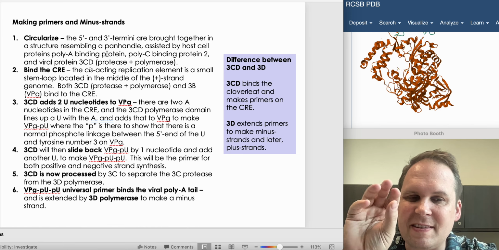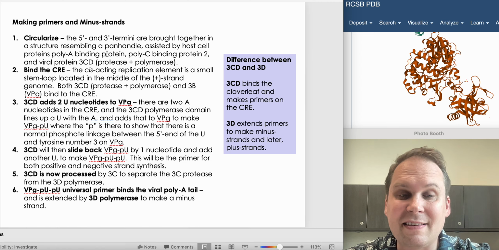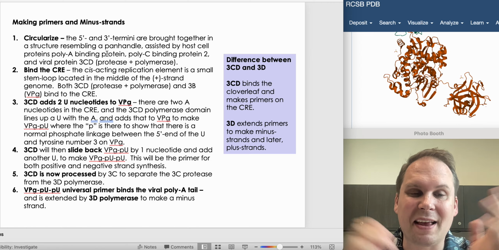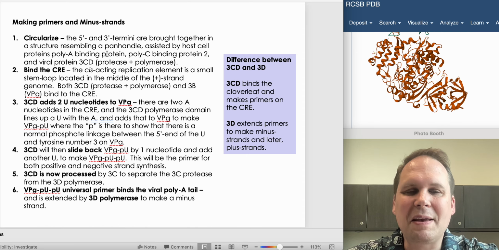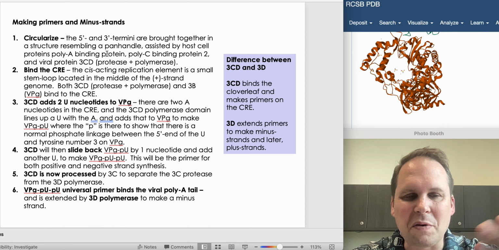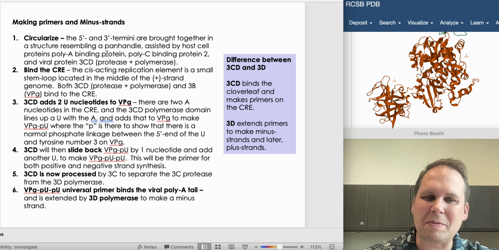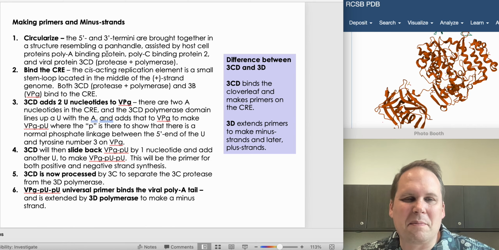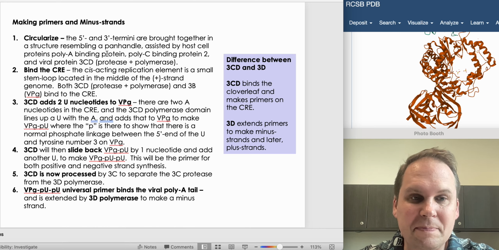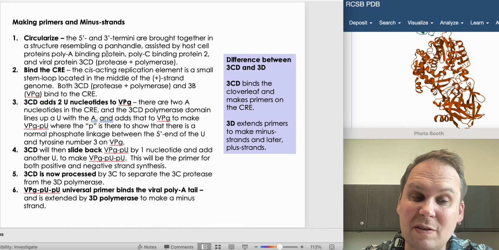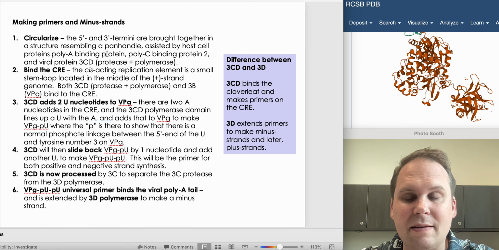They're going to wrap around, and between themselves and the RNA, they're all going to interact and form something like a panhandle. So it's getting the same job done as something like a coronavirus that'll have direct binding of the 5' and 3' termini. It's just doing it with some protein assistance, which is probably also true for coronavirus. We just don't know the names of all those proteins yet.